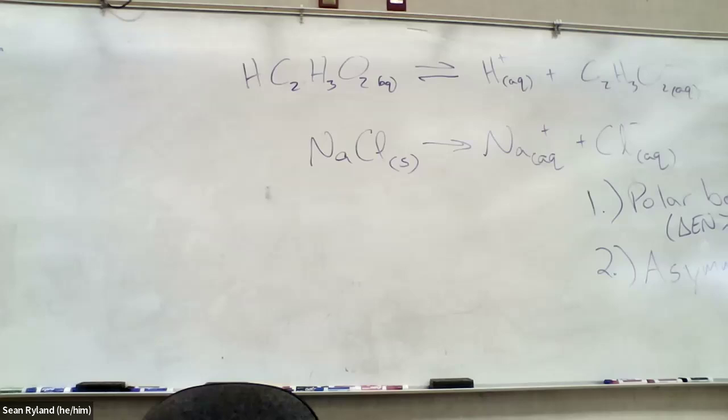Chlorides are soluble, except silver, lead, copper 1, and mercury 1. So in other words, what this is saying is that mercury chloride is insoluble in water. Chlorides normally dissolve with these exceptions. We have one of those exceptions, so we're going to form a solid.